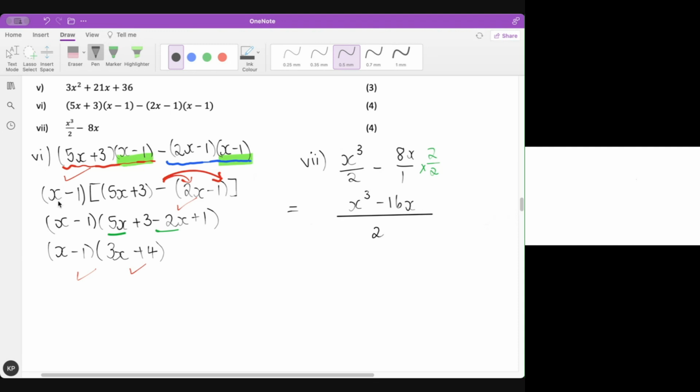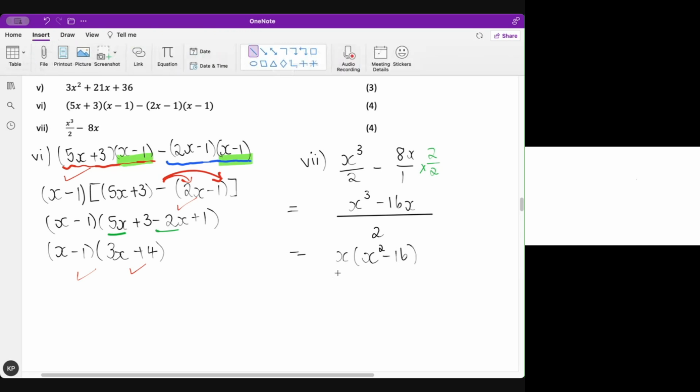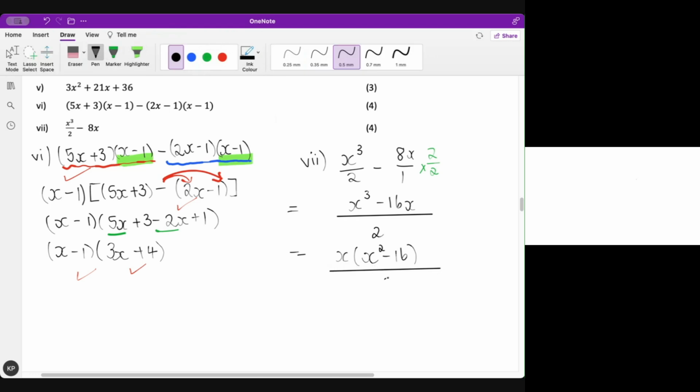You can take out a common factor. What's your common factor between x cubed and 16x? There we go, Tando. That would be x. And what's left in my bracket is x squared minus 16. This is still all over 2. Are we done?